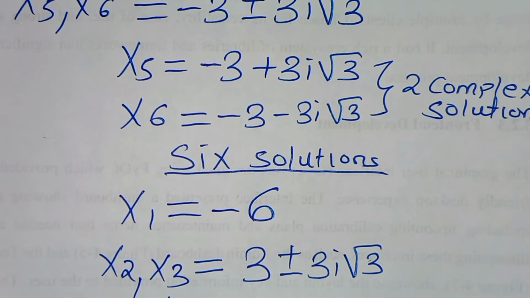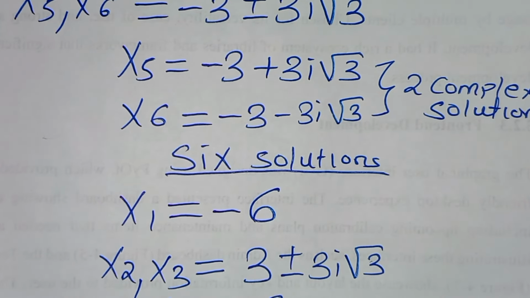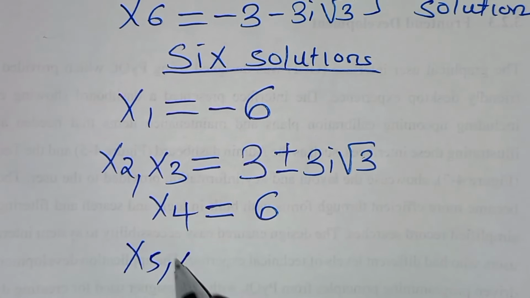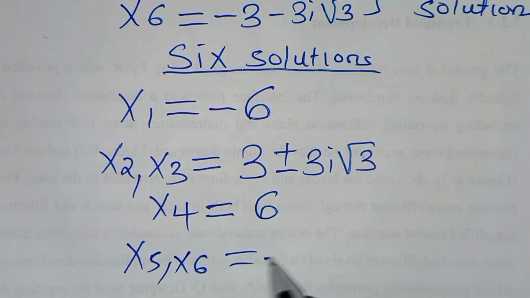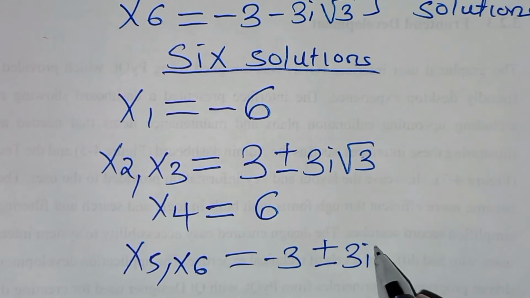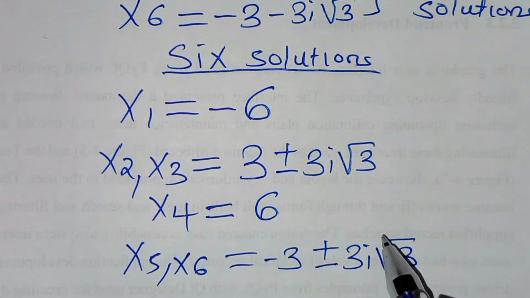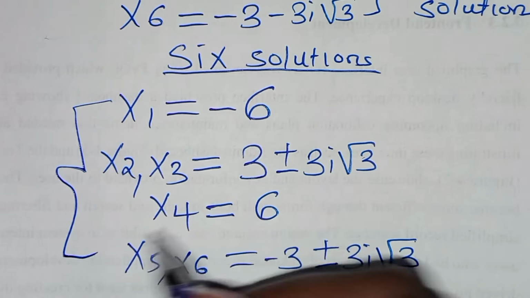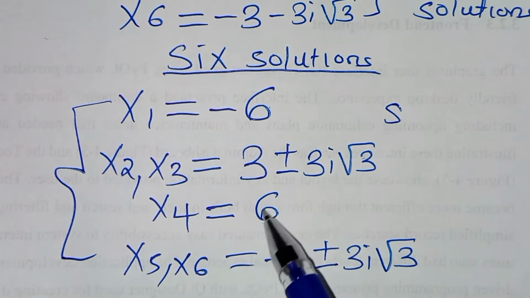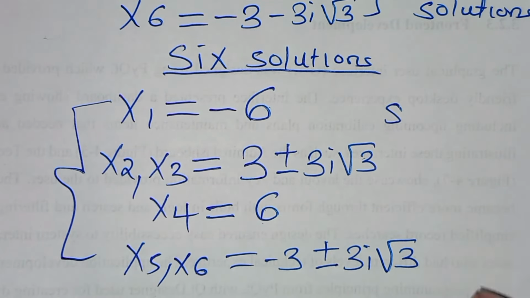And x4 is equal to 6. We have x5, x6, which is minus 3 plus or minus 3i square root of 3. So this totals to 6 solutions. We have 2 real solutions and 4 complex solutions.